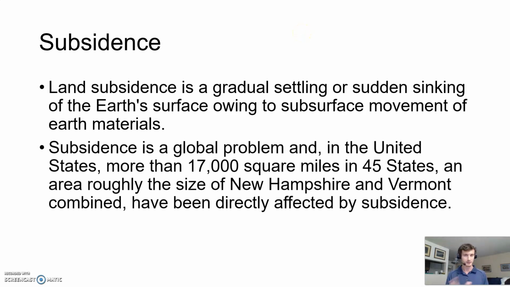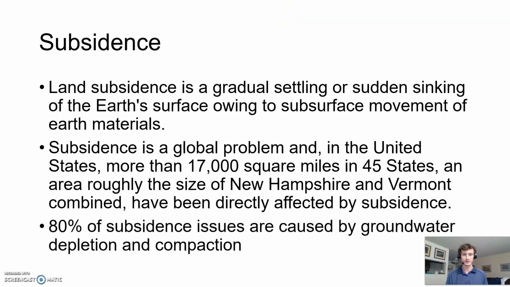This is something that happens worldwide. The United States specifically has about 17,000 square miles affected by it, roughly the size of New Hampshire and Vermont put together, which have been directly affected by subsidence. So not counting any of the complicated consequences of any of those effects that are just directly sinking down, like we saw in the last slide.